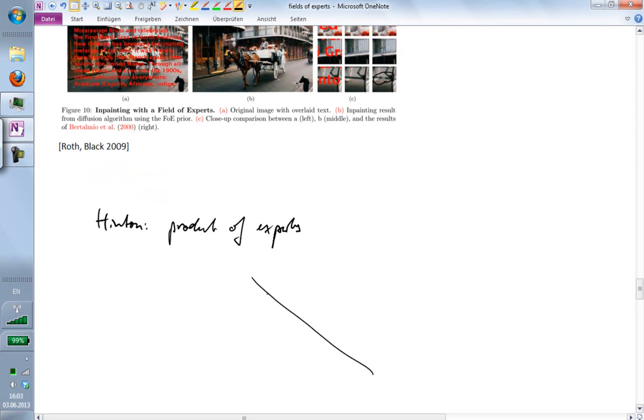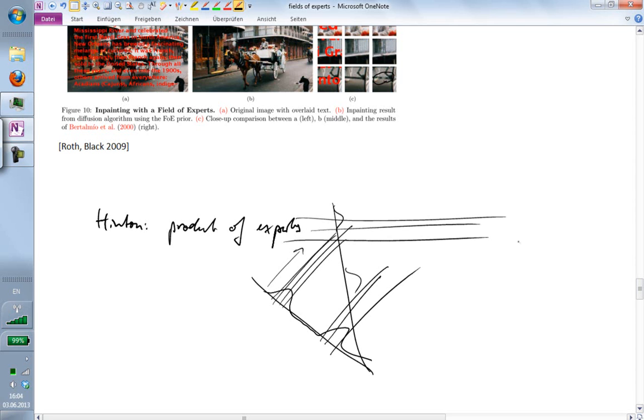Let's say I could take a distribution which has 2 Gaussians, regardless of how far I am in this direction. If I want to draw the corresponding contour lines, excuse my bad painting, it would look something like this. And I could now multiply this with other simple distributions, for example another distribution like that, but here at a different angle. And then the product of these two will already give you non-trivial multimodal distributions.